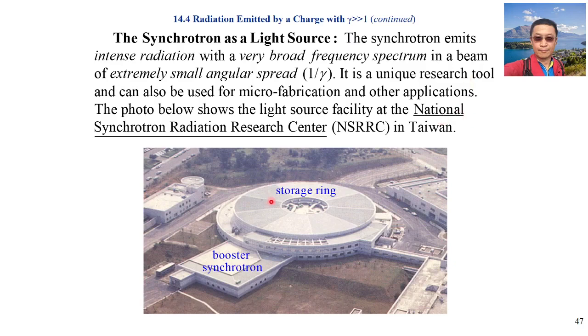You can study synchrotron radiation from different cores. The synchrotron emits intense radiation with a very broad frequency spectrum in a beam of extremely small angular spread, 1 over gamma.